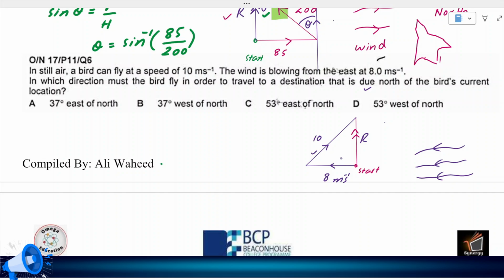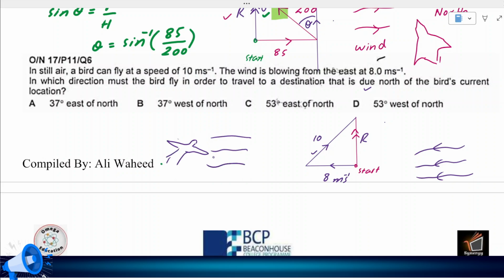So basically, you see, the wind would try to drift the bird towards the west. So the bird needs to fly into the wind, probably in this direction.